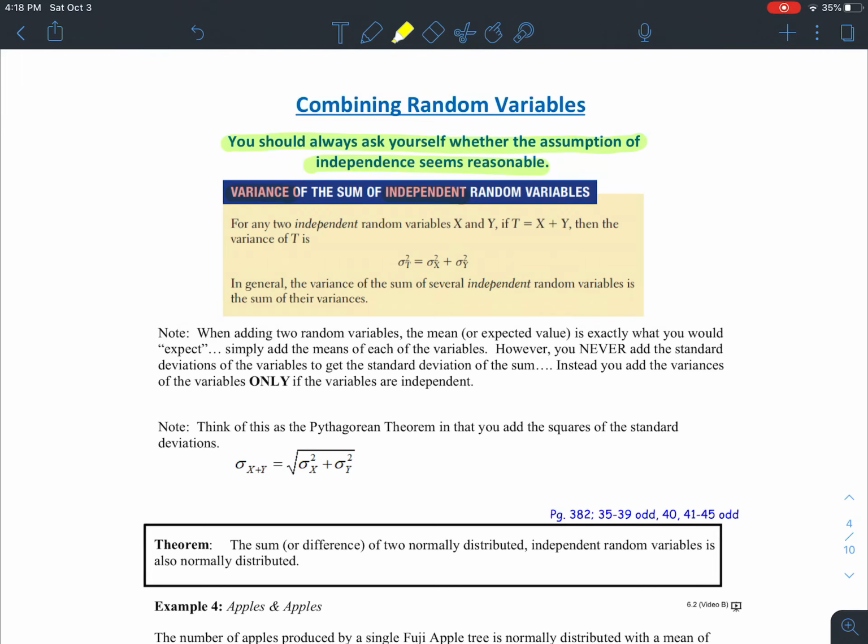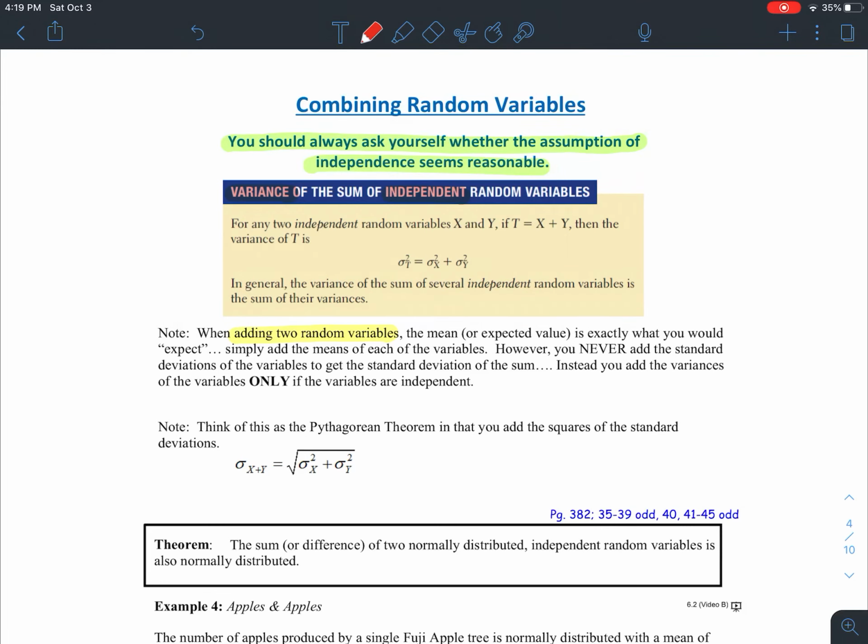Okay, and so when we talk about the variance and combining them together, the two random variables absolutely have to be independent. Okay, now this is going to be a little different maybe than what we're used to. You'll notice here, when we're talking about combining two random variables X and Y into a new random variable T, this box is mentioning combining variance. It's not mentioning combining standard deviation.